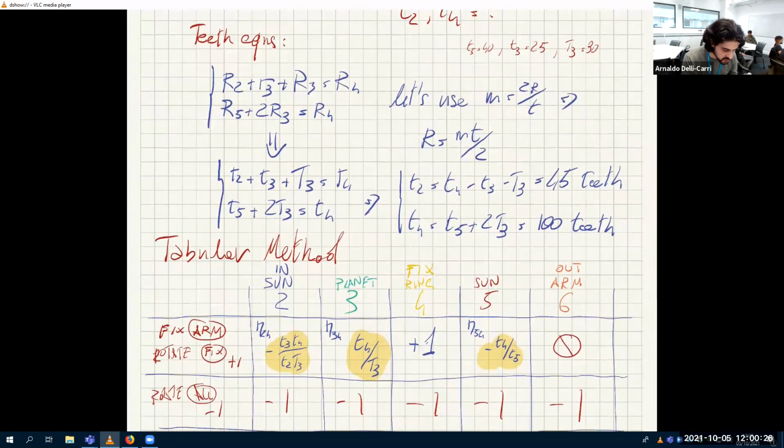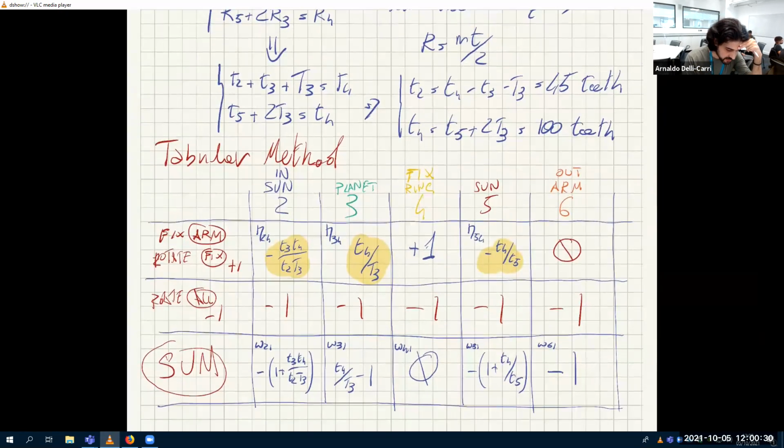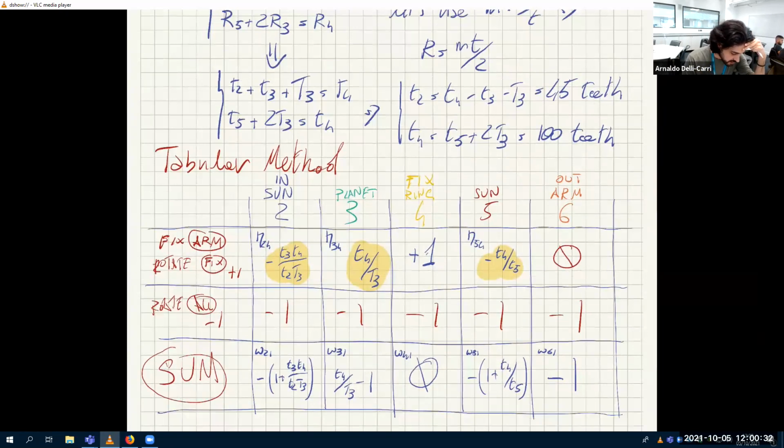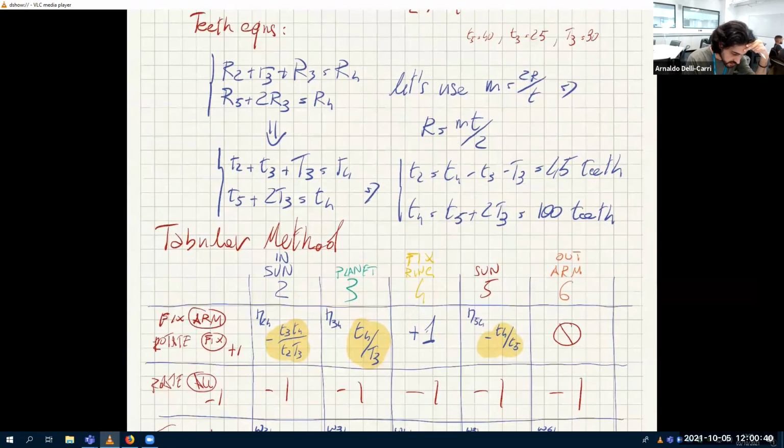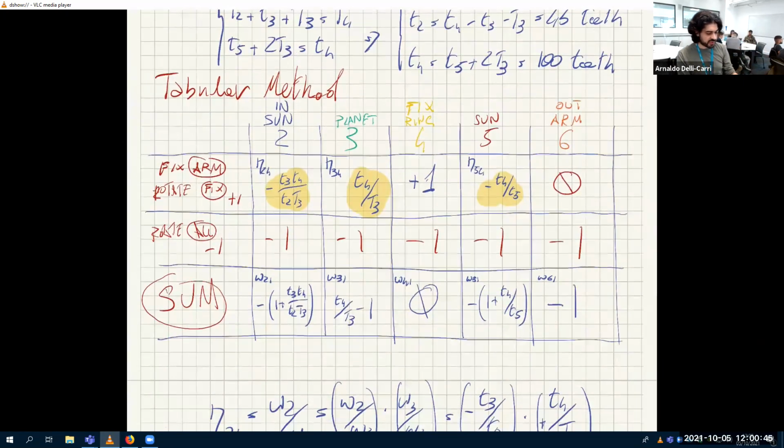So T2, no, complicated. T3 times T4, that's... we were looking at this one. Can you do this? Minus 77.